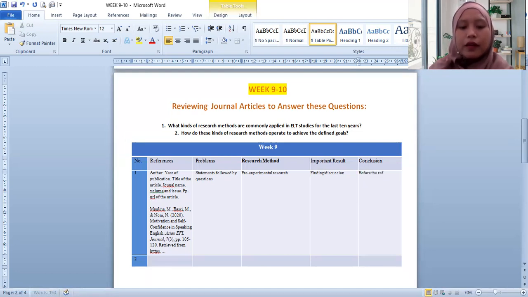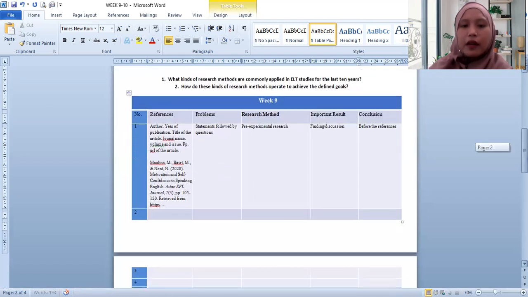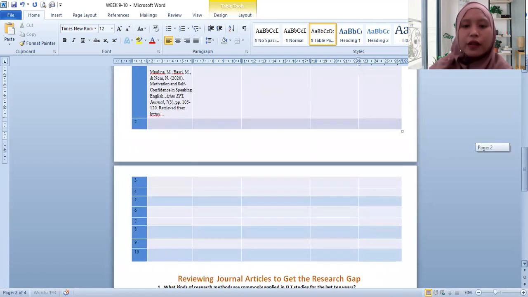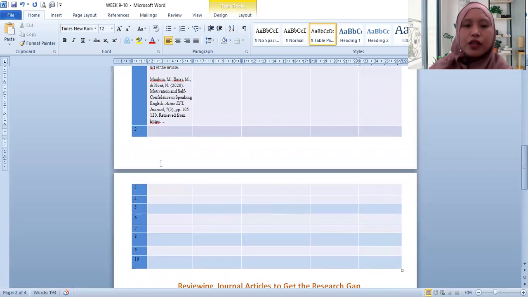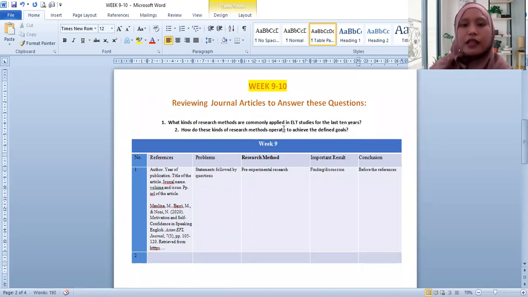For the references, this is very easy. So you are going to work for a week identifying. You are going to search 10 articles for this week, and these 10 articles are from the last 10 years, about the research methods used in English language teaching, to answer the second research question.